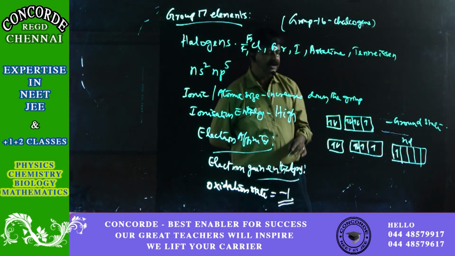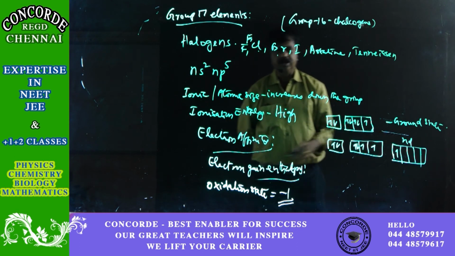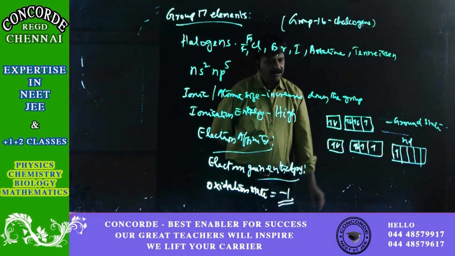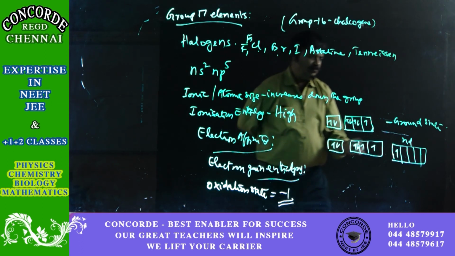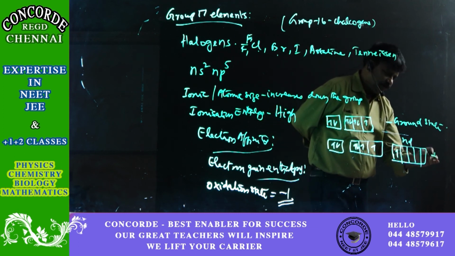The unpairing of this electron and its going to the nd orbital accounts for the +3 oxidation state.